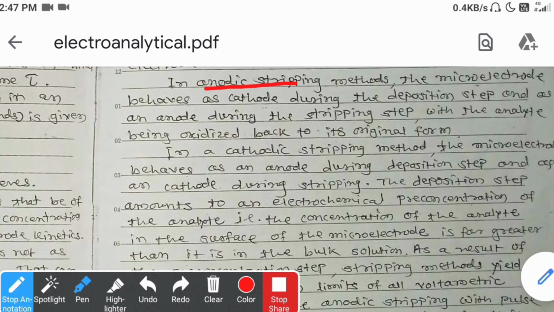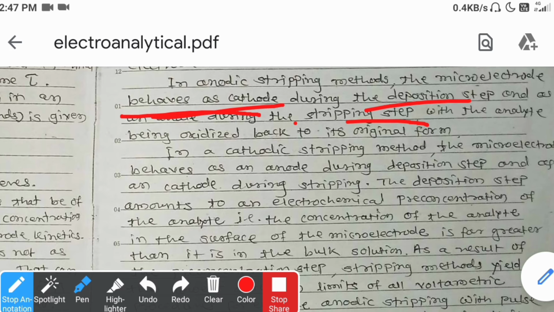As the name suggests, in anodic stripping voltammetry the microelectrode will behave as a cathode during the deposition or pre-concentration step, and as an anode during the stripping step.